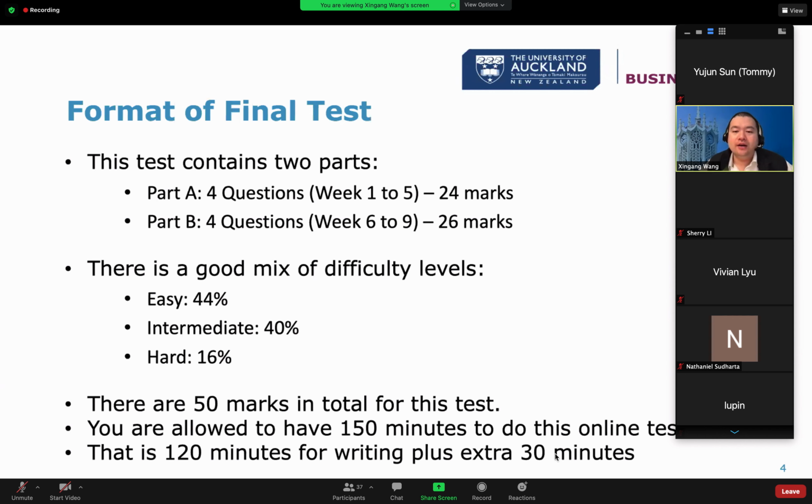So this test is only marked out of 50 marks. It's not 100, it's just 50. Among these 50 marks, 44% are easy questions, intermediate 40%, and the hard questions are about 16%.